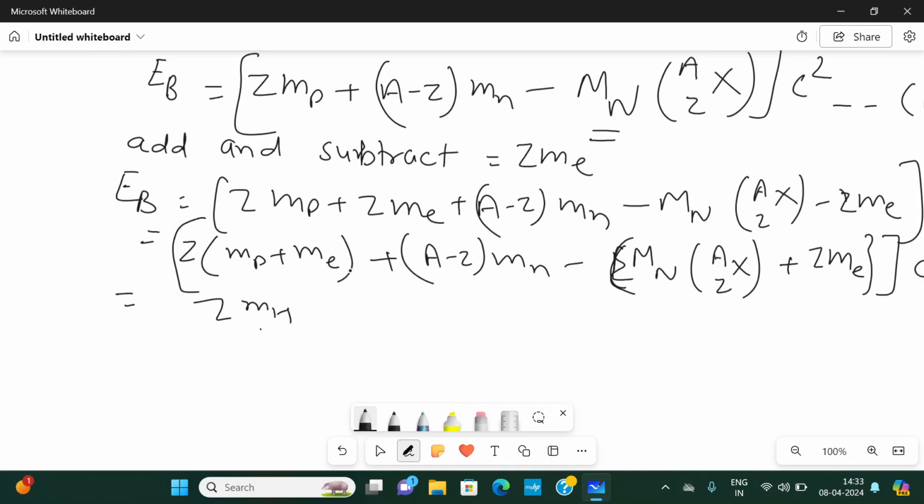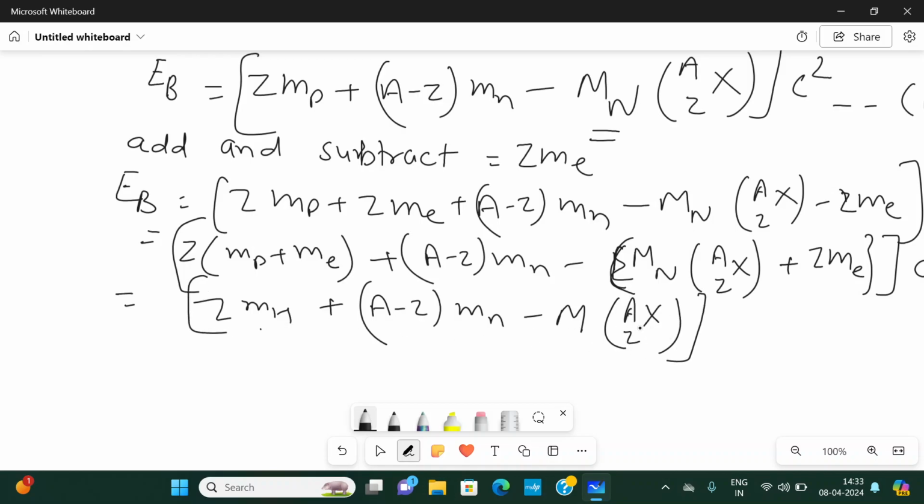So the term in the bracket will become Z mass of hydrogen plus A minus Z mass of neutron, and this term in the other bracket will become the atomic mass of this element, because we have added the mass of Z electrons which are moving in the periphery of this atom, into c square. This is the second expression. So this expression is the expression of binding energy in terms of atomic mass.